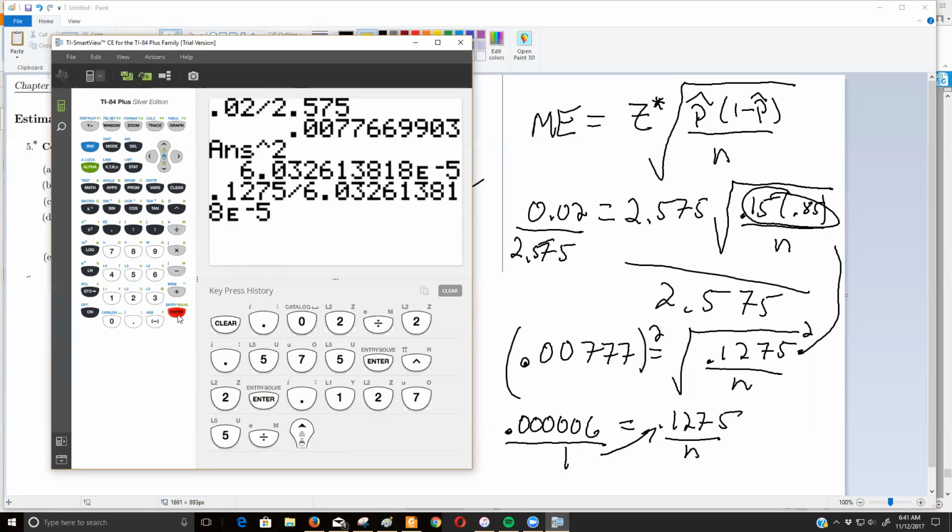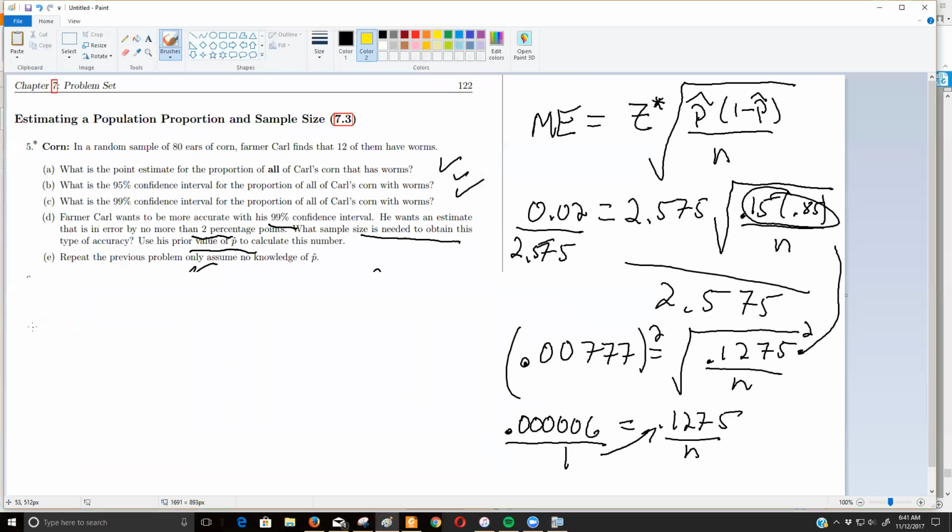I'm getting a sample size of 2,113, but remember, we always have to round up. So the actual sample size I want is 2,114. So that's the answer for part D.